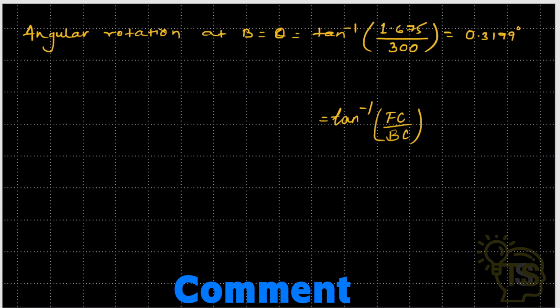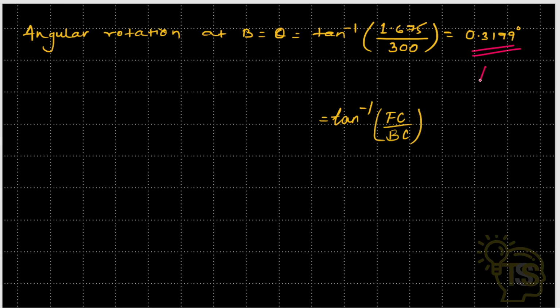So the angular rotation at B is equal to tan inverse of FC by BC, that is tan inverse of 1.675 by 300, which is equal to 0.3199 degree, which is the required answer.